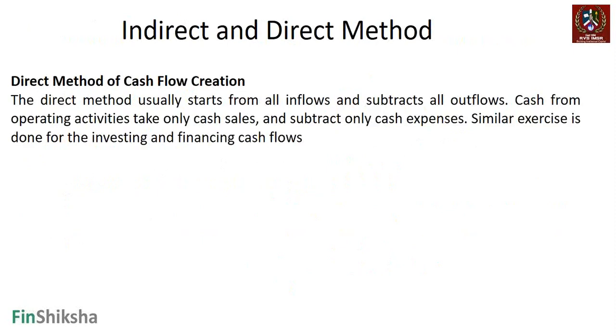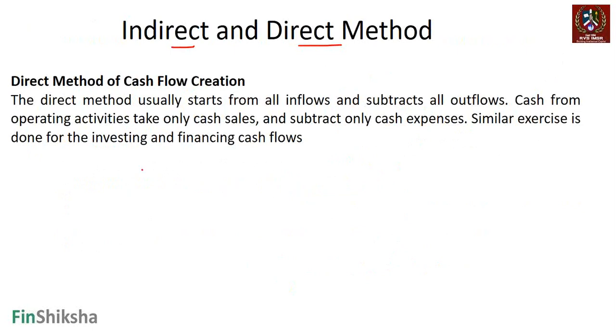Let's look at the methods of creating it. You could either have what is called an indirect method or a direct method. Let's start with the first one, which is the direct method. The direct method usually starts with all inflows and subtracts all outflows. Cash from operating activities, if you're doing that, takes only cash sales.